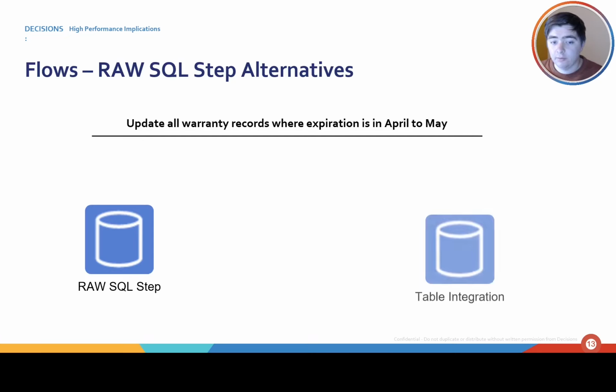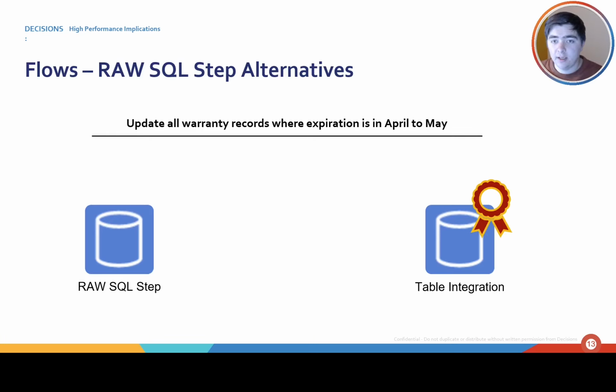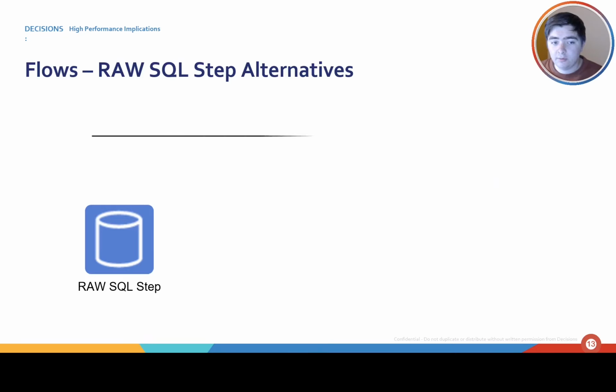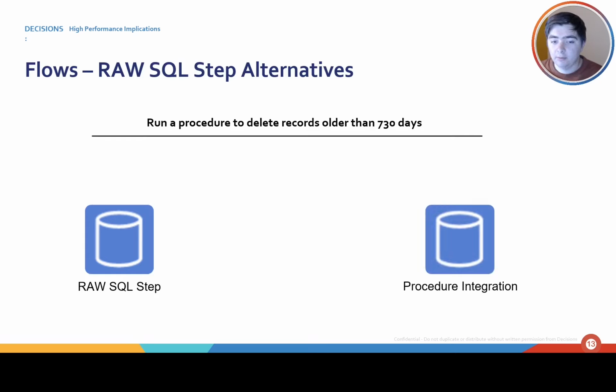You might want to look for a table integration here, as this can perform the update actions against entities in those tables, again, that have a primary key. And let's say that you're trying to run a stored procedure where you want to delete all records that are older than 730 days. Well, we recommend the procedure integration over using the raw SQL step for that.